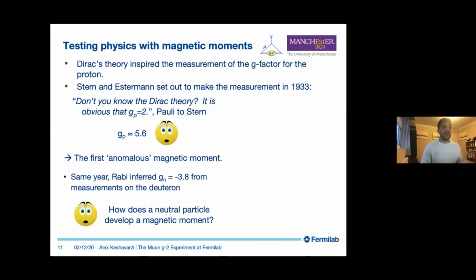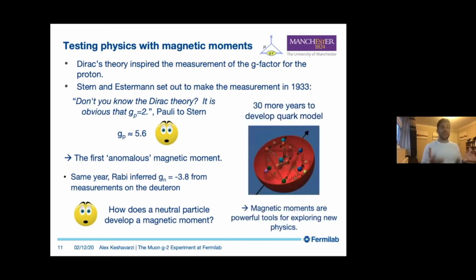And of course, now we know that that's the case because these are composite particles. Okay, it took 30 more years after that to develop the quark model. And it's the composite components of the deuteron and the proton, the quarks themselves, that contribute to the magnetic moment. And this was a big step in itself, but it showed even at that time that magnetic moments were a very powerful tool for exploring whatever is the new physics at the time. And that has continued from that point up until this day.